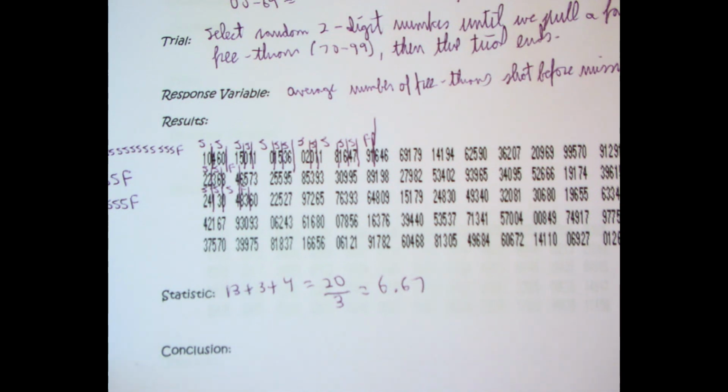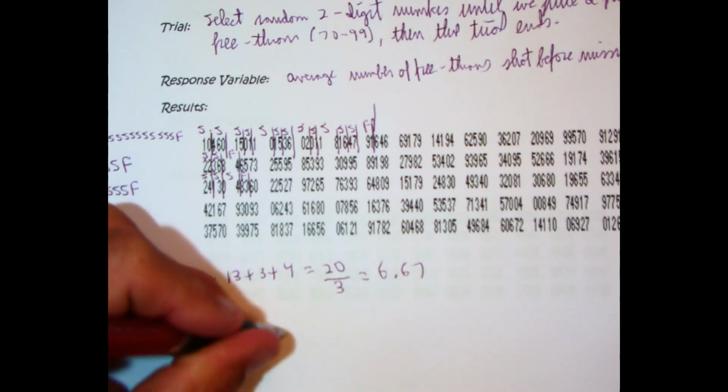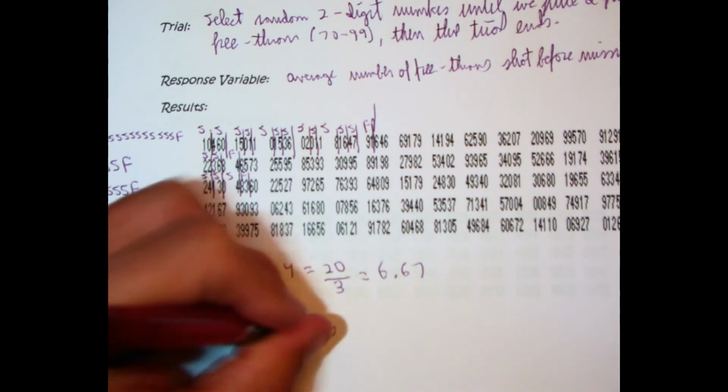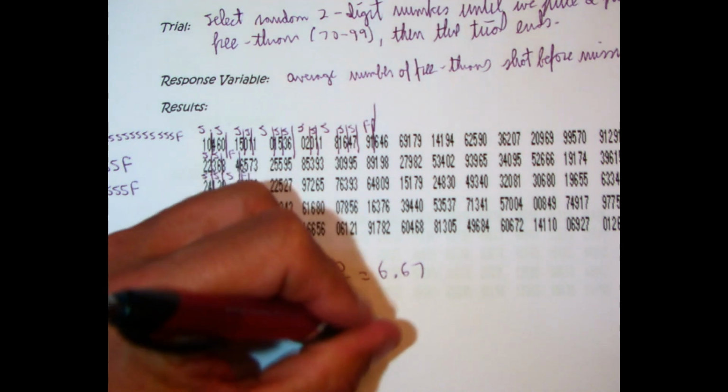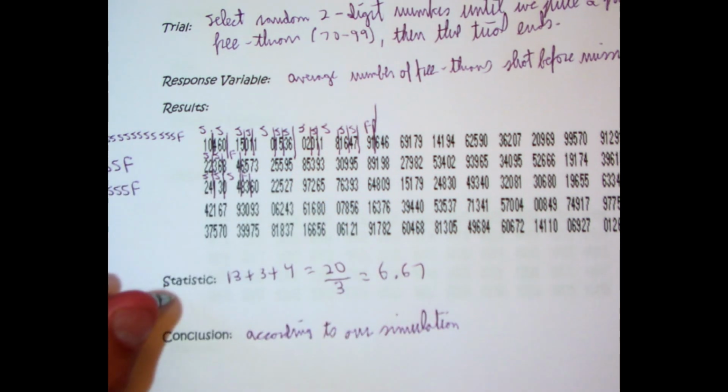Okay, so the conclusion, the way we always do this is we always put according to our simulation, because what we're saying is this is how we got our results.